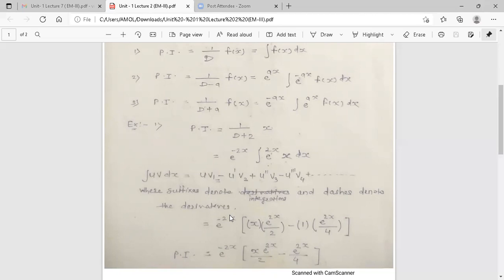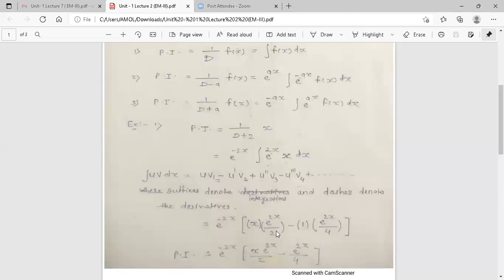Use this formula: u into v1. This e to the power minus 2x as it is. u into v1, u is here x, so write x as it is, v1 is the integration of e to the power 2x, which is e to the power 2x upon 2, minus the second term, u dash v2. Now u dash means the derivative of u. Now u is here x, the derivative of x is 1, so you write here 1. Then v2 means the integration of v1. v1 is here e to the power 2x by 2.